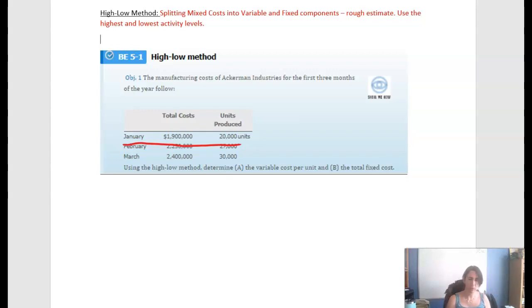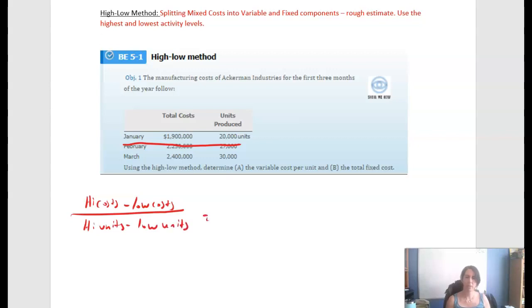All right, so I'm just going to give you a formula. The idea is you've got high costs minus low costs, all divided by high units minus low units.